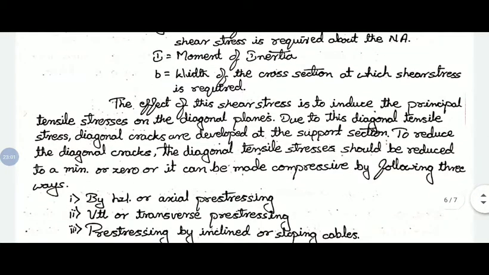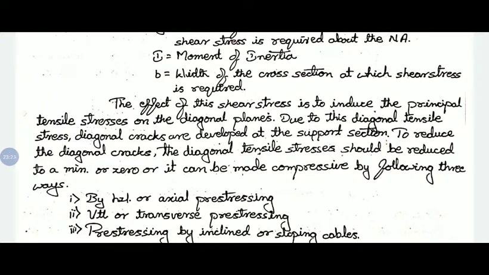As we discussed earlier, the principal tensile stress sigma 1 will develop at an angle of 45 degrees to the section, so it is an inclined stress. Because of the diagonal tensile stresses, cracks will develop in the perpendicular direction. So diagonal cracks will develop.